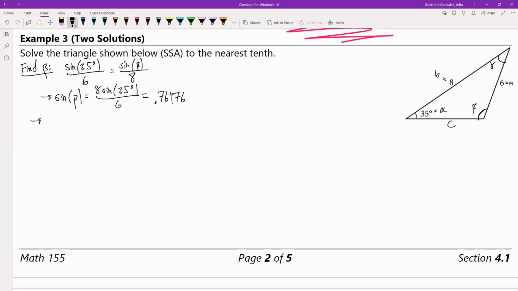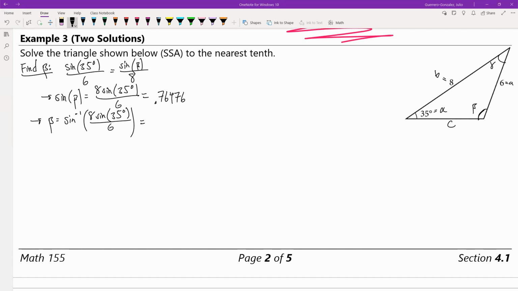My angle beta is going to be sine inverse of 8 sine 35 degrees all over 6, which means it's going to be the sine inverse of that 0.764 and so on.